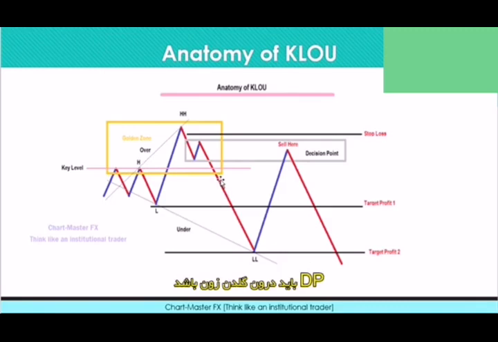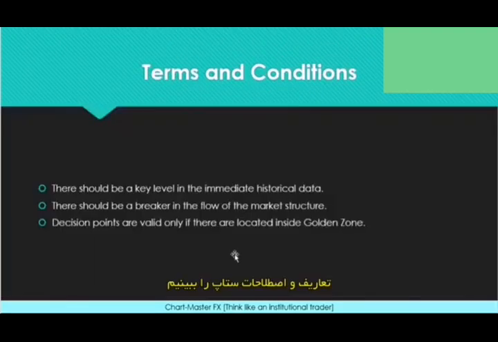So the decision point should only be in the golden zone. Here is where you can put your stop loss, and we have our first target profit on the low here, and our target profit 2 on the lower low. So guys, we are going to look at the general terms and conditions of the setup.